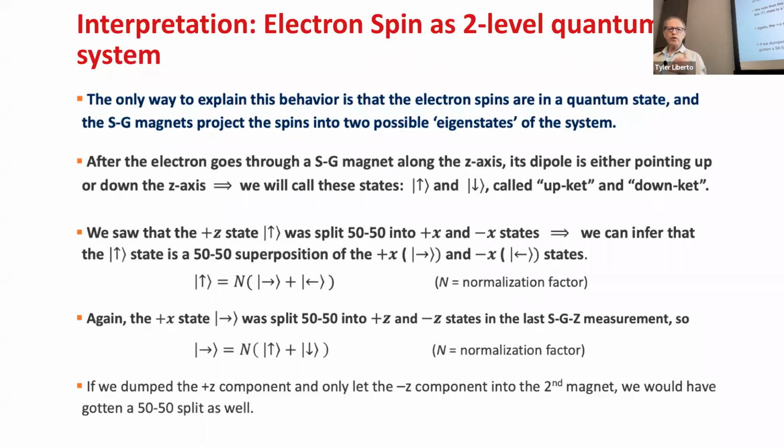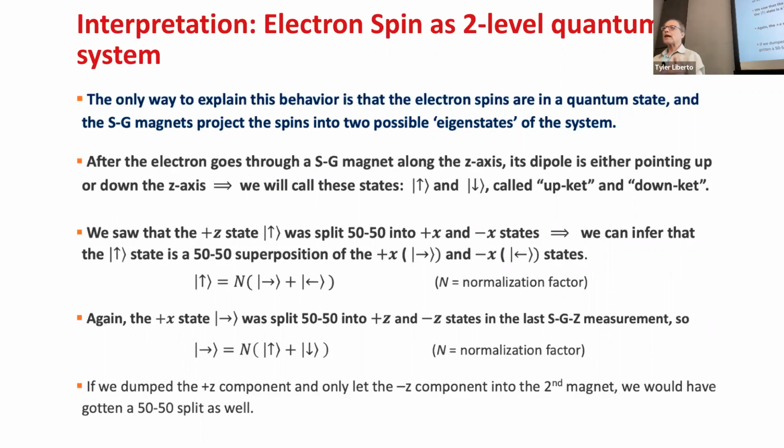And we can do actually the same thing again if we now, in the last experiment, took the horizontally deflected beam to the right, that means this X plus beam, and send that into a magnet which is deflecting in the vertical direction. Then we saw that we got out two directions again, positive and negative.